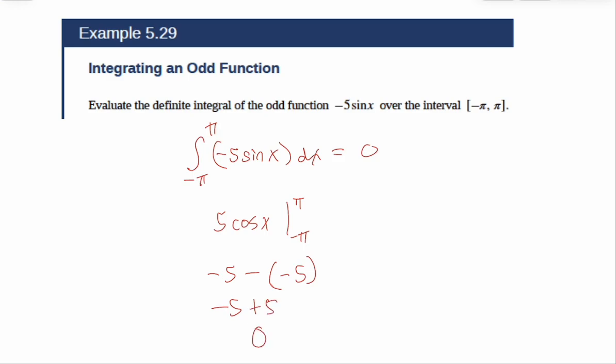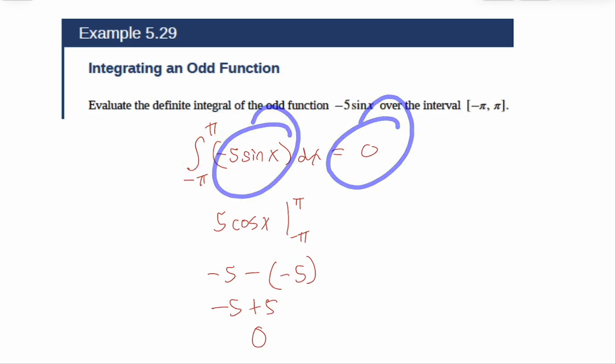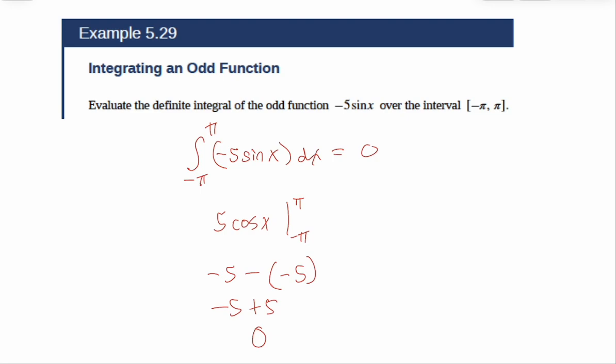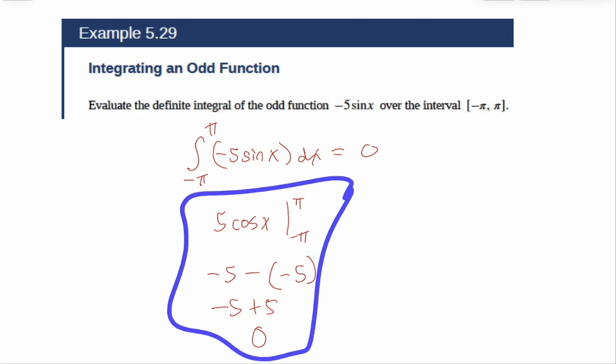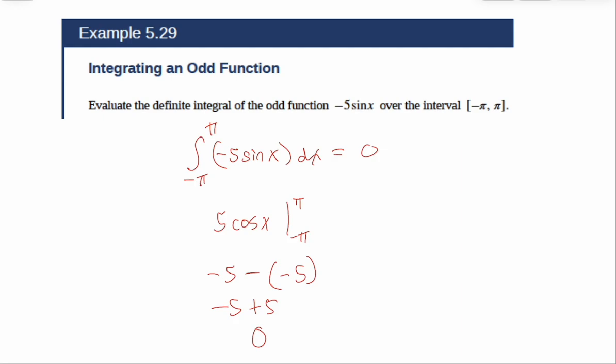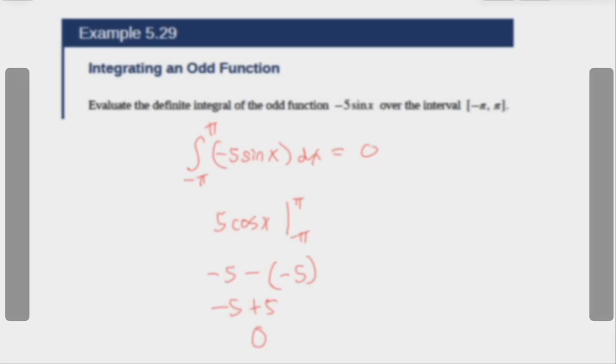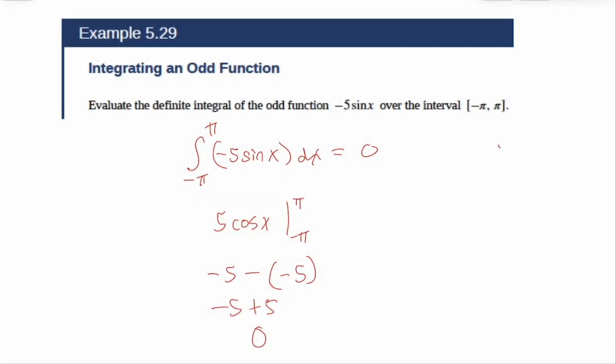Now, if right off the bat you recognize the fact that these are perfect opposites and this is an odd function, you know it's going to be 0? Fine. If not, the actual integration will work itself out. The rules of even and odd: let me remind you those rules.